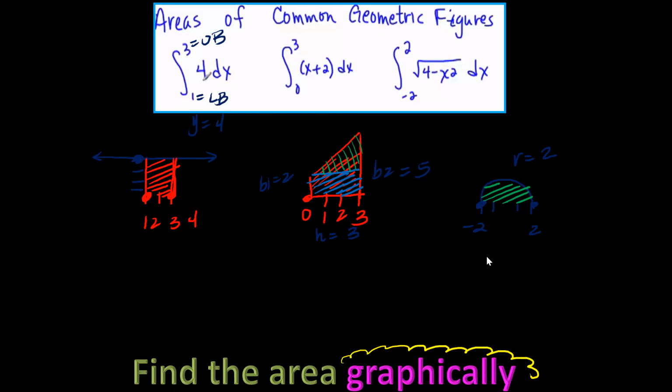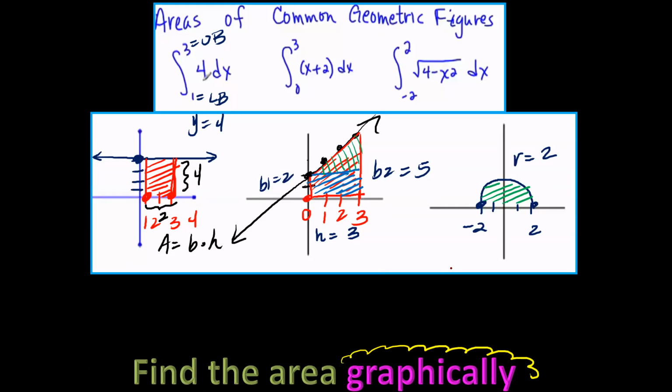So when we find the area of this, remember your area is going to be 1/2 pi r squared, because it's a semicircle, so half of a circle. My radius is 2, so 1/2 pi times 2 times 2, which is 4. 4 divided by 2 is just 2 pi, and that is the area of this semicircle.